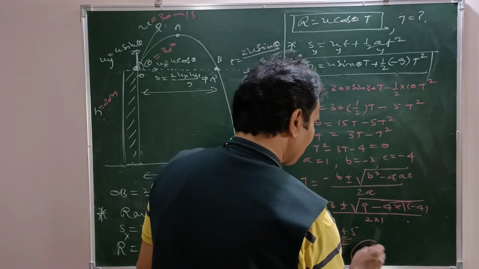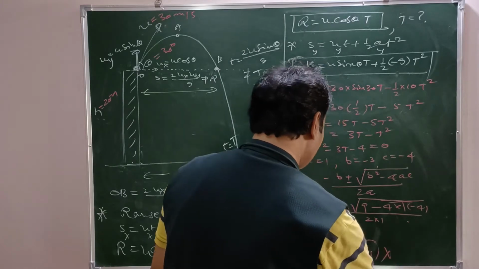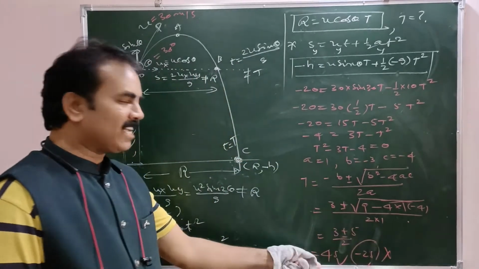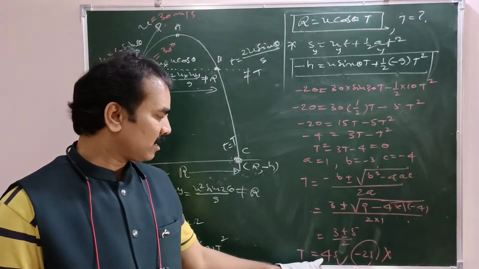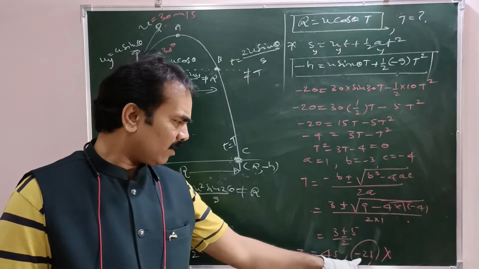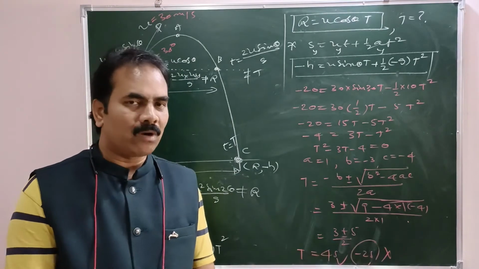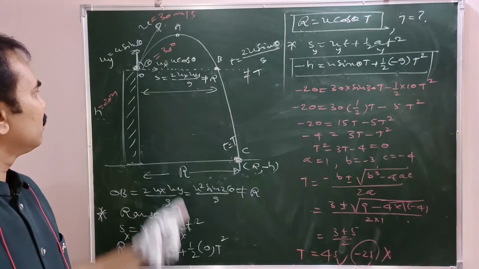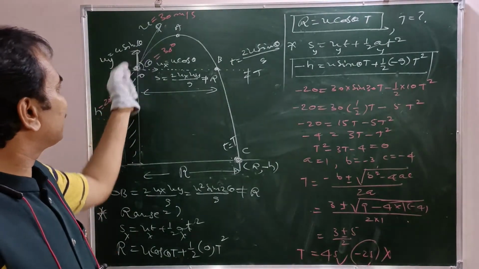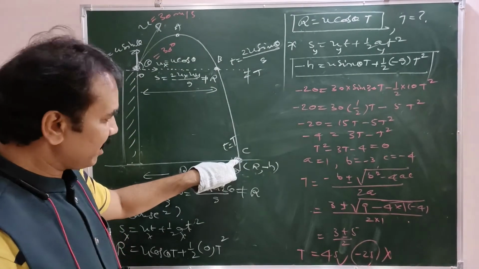Time can never be negative, so minus 2 seconds is the wrong option. 4 seconds is the correct time of flight, with a positive sign. So the time taken by this projectile to reach the ground, from here to reach C on the ground, is 4 seconds.